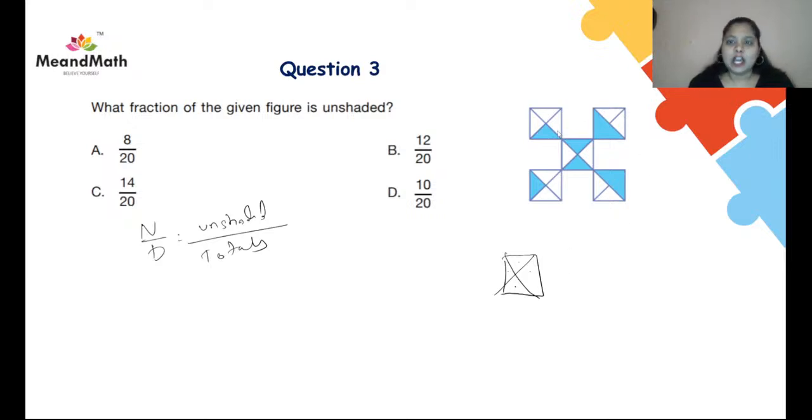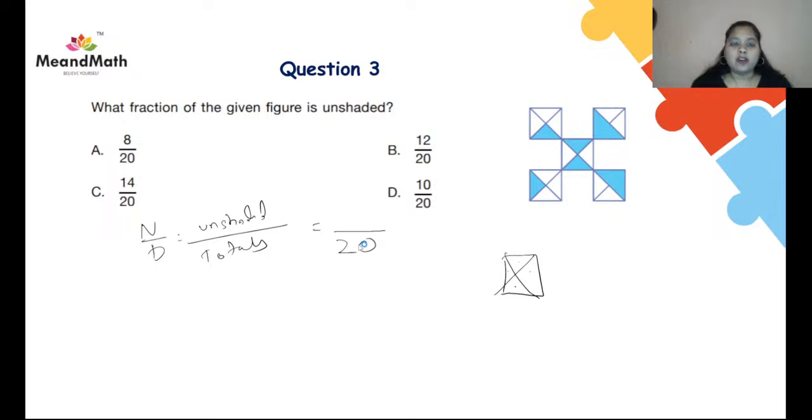We can see 1, 2, 3, 4, 5, 6, 7, 8, 9, 10, 11, 12, 13, 14, 15, 16, 17, 18, 19, 20. So we can see that there are a total of 20 parts, right? So that is the denominator. Am I right?